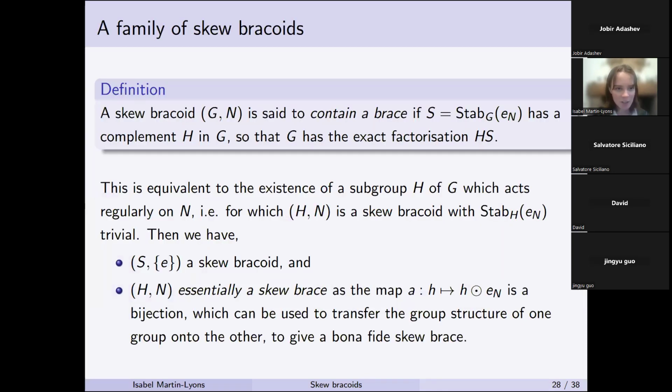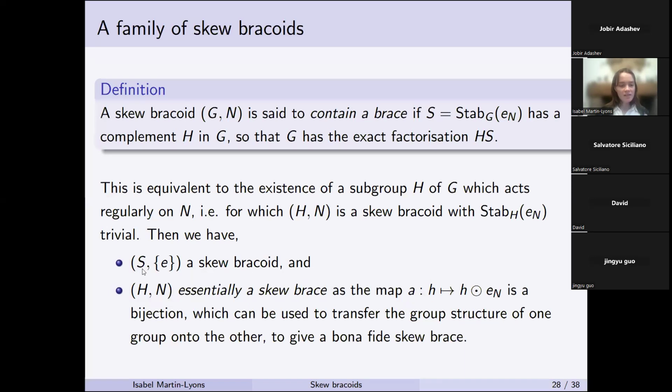We say a skew bracoid G with N contains a brace if this stabilizer has a complement H in G, so that G has an exact factorization HS. This condition is equivalent to just the existence in the abstract of a subgroup H of G which acts regularly on N. This means that H with N is a skew bracoid in which the stabilizer of the identity is trivial.